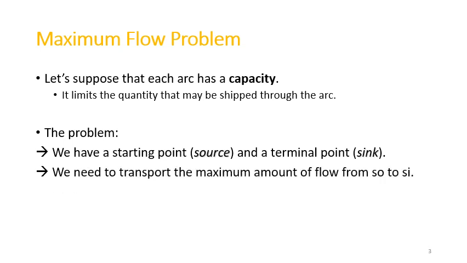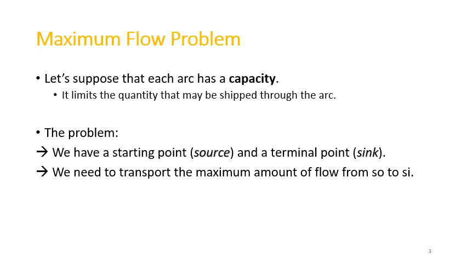In the maximum flow problem, we need to transport the maximum amount of flow from source to sink. So we have a network of arcs and a lot of nodes. Each arc may have different capacities. Our goal is to transport as many of those items as possible from the source to the sink.